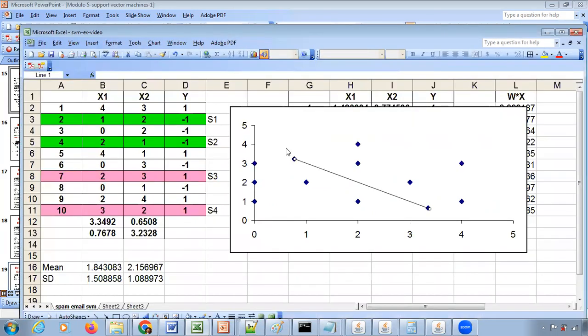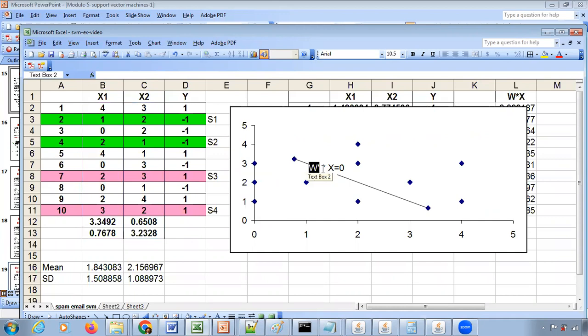So instead of calling it W times X, we will call this W prime times X. Now we can say it's W prime times X equal to 0, and call it the decision boundary for the actual coordinate system.